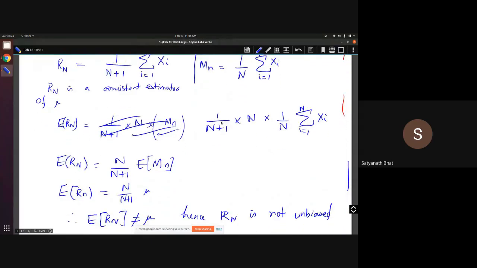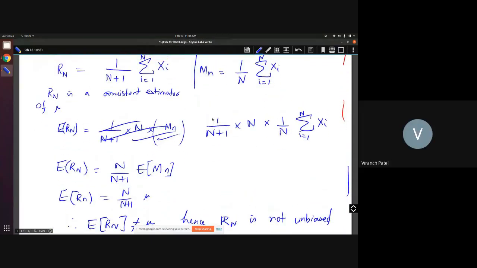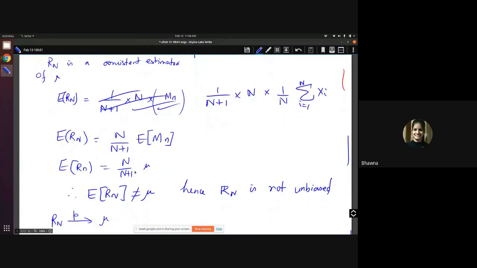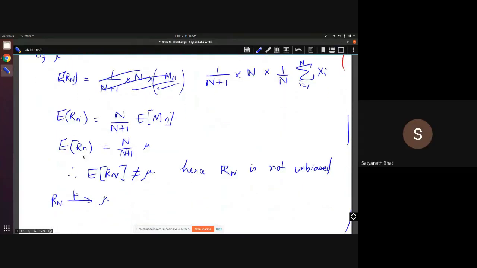So we have proved Rn is not unbiased. Rn converges in probability to mu. This we can show. There is a way to show this, and I will give you this as an assignment.